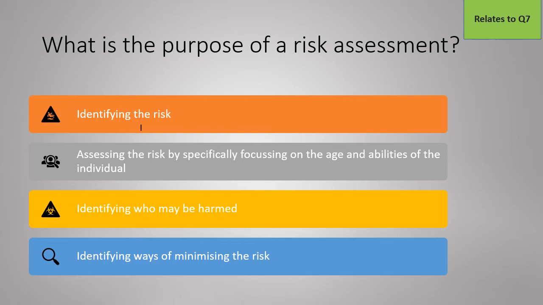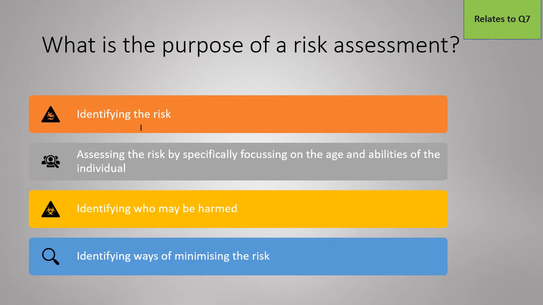Then there's assessing the risk, which is done by specifically focusing on the age and abilities of the individual. If you were in a nursery environment working in the baby room, it's important that you think about the risks, thinking about the age of the babies.